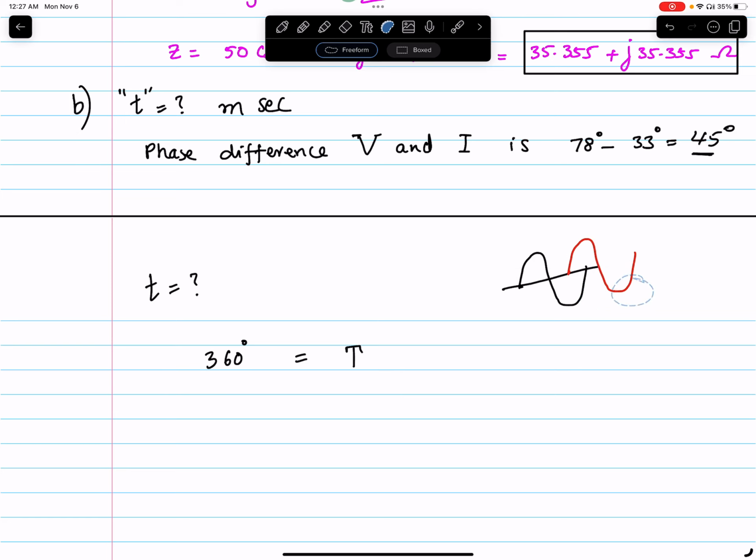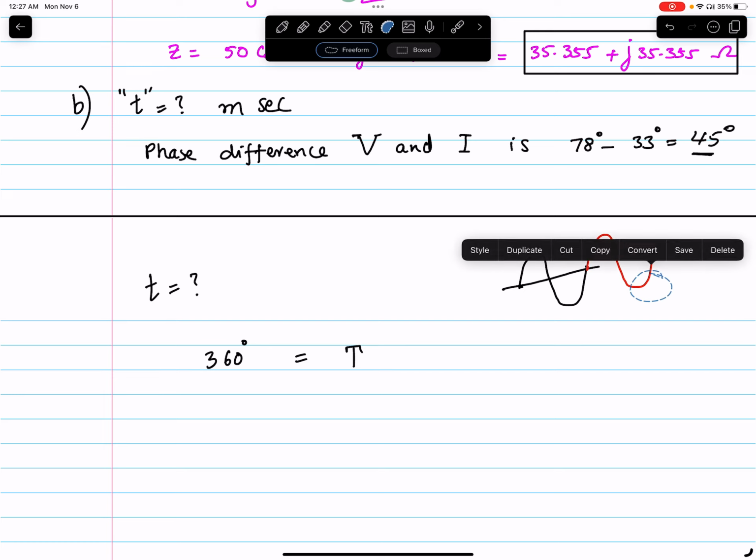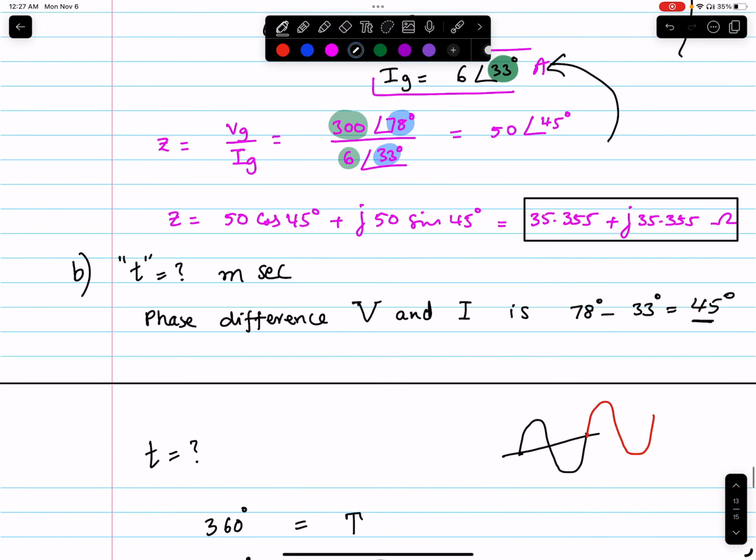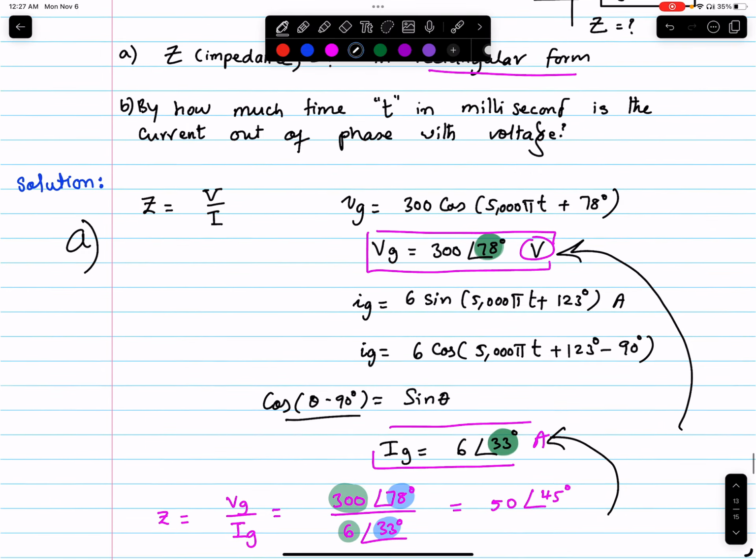Eventually they are in phase when it is 360 degrees. So 360 degrees corresponds to a time difference of one time period. Therefore, 45 degrees corresponds to 45 over 360 times the period, which is 1/8 of the time period, whatever that value is given to be.